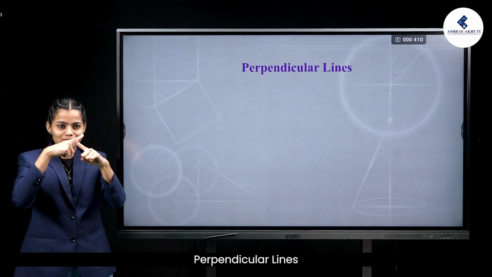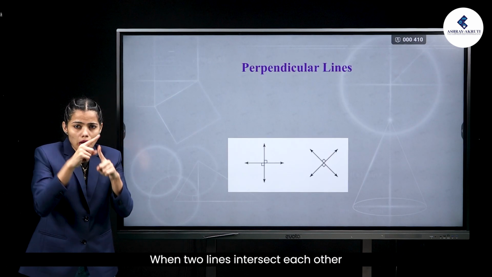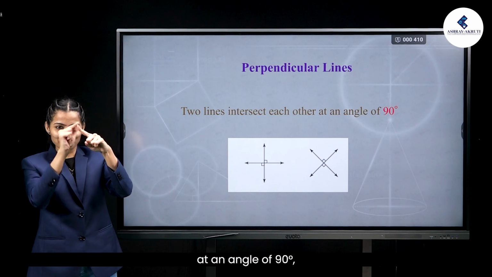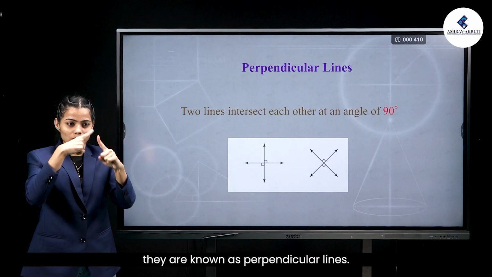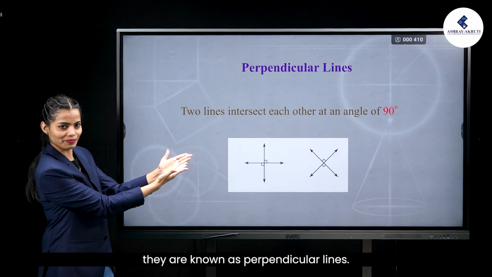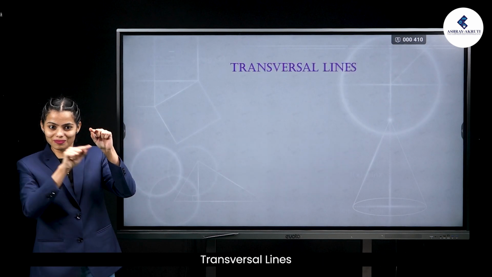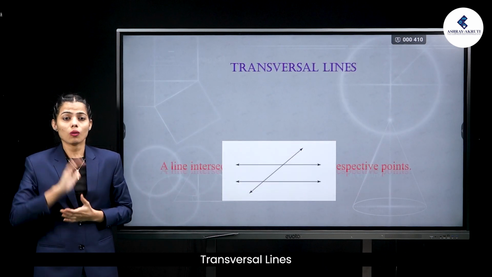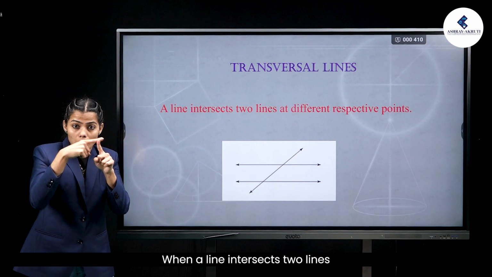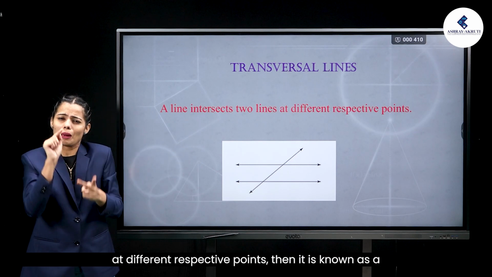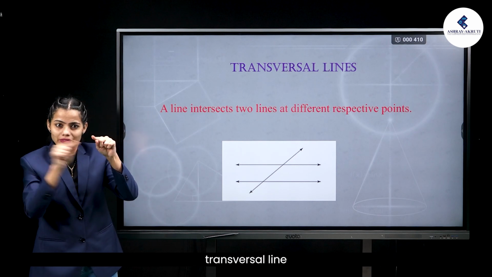Perpendicular lines. When two lines intersect each other at an angle of 90 degree, they are known as perpendicular lines. Transversal line. When a line intersects two lines at different respective points, then it is known as a transversal line.